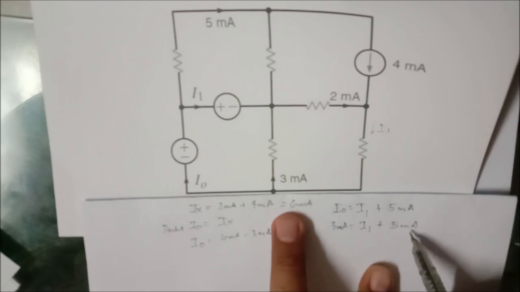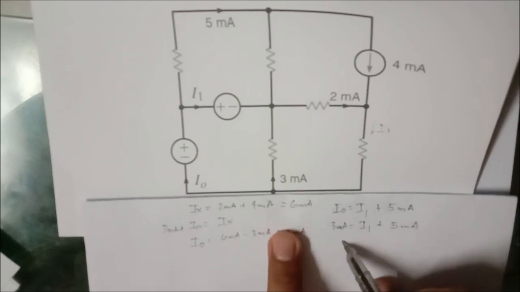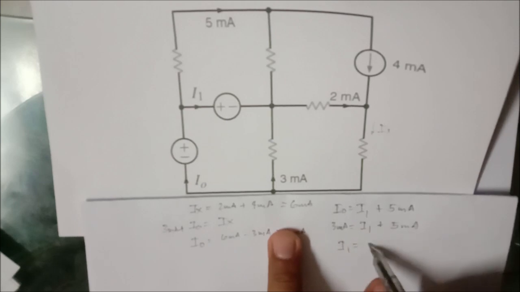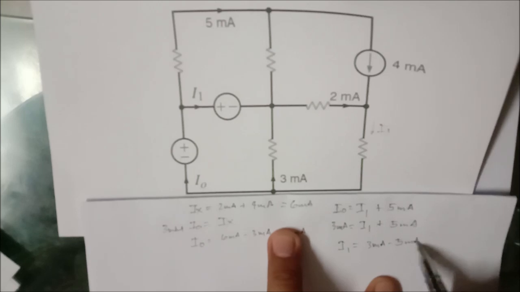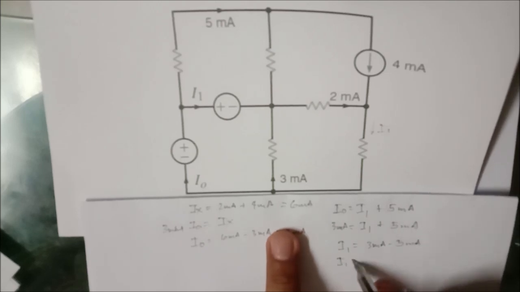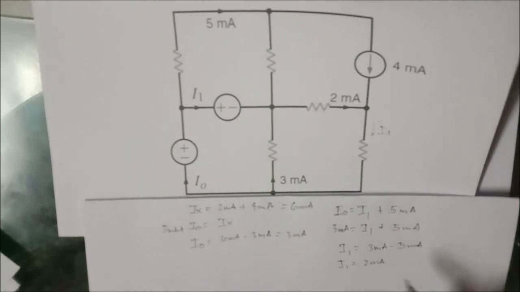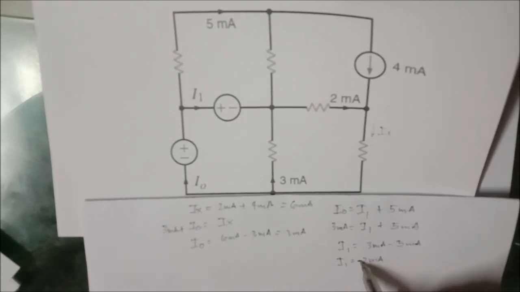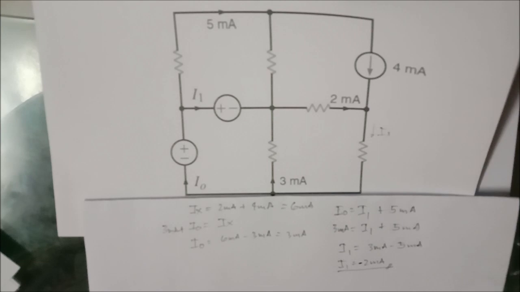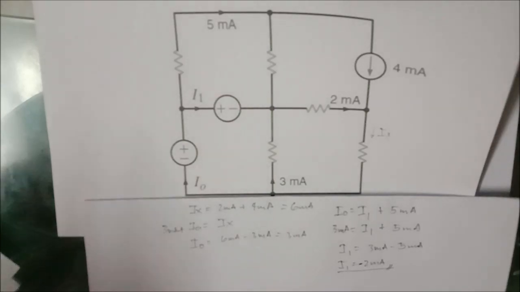Ibig sabihin, si I sub 1 makakompute natin as I sub 1 equal to 3 milliamperes minus 5 milliamperes. I sub 1 is equal to 2 milliamperes. Okay. Uy, wrong. Negative pala yun. Ibig sabihin, si I sub 1 is negative 2 milliamperes. Okay?